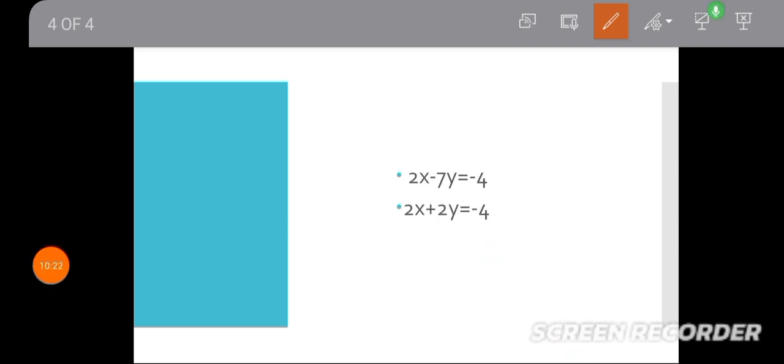Okay guys, so now is example 3, and we have 2x negative 7y equal to negative 4, and 2x plus 2y equal to negative 4. So we notice that the y values are different.